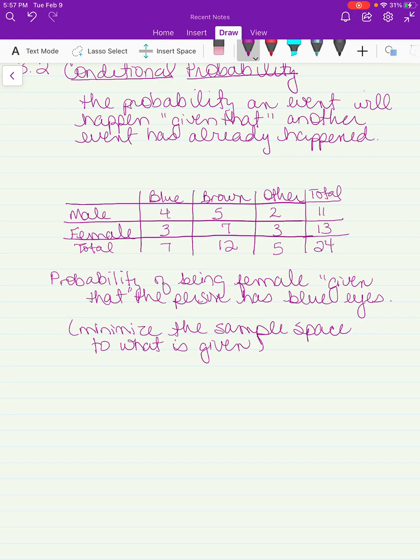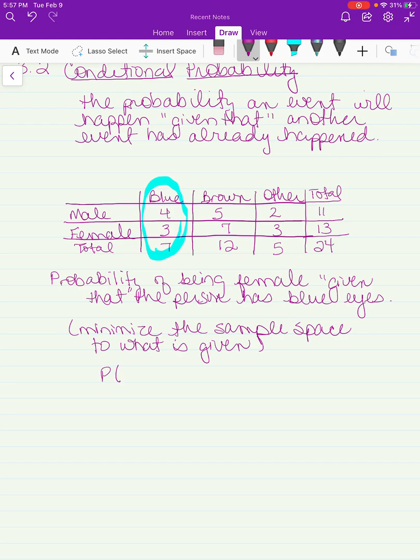So if I know they have blue eyes, then I am now only talking about these people. So in this case, I'm only talking about 7 people.